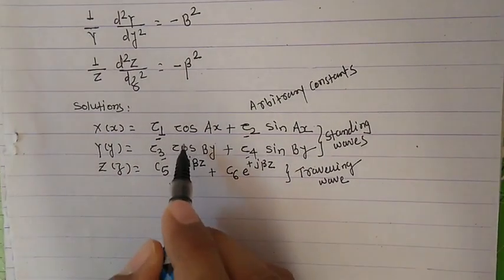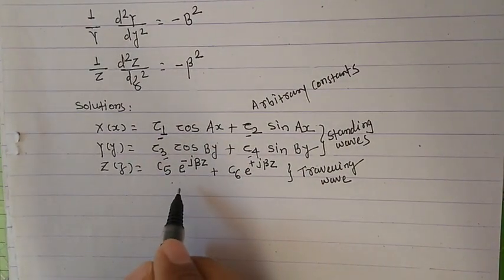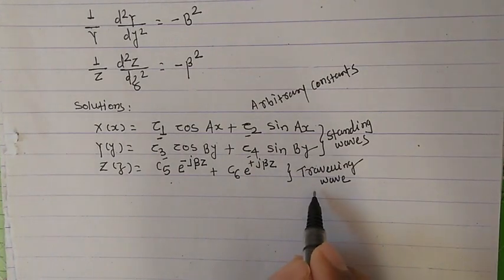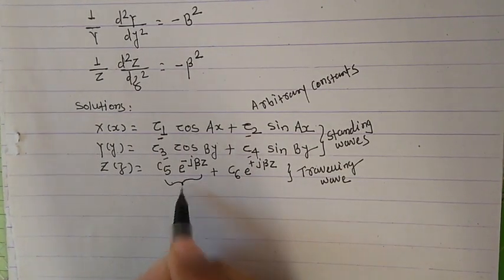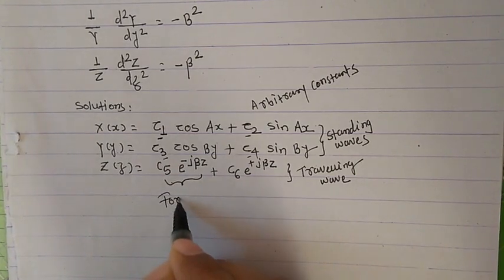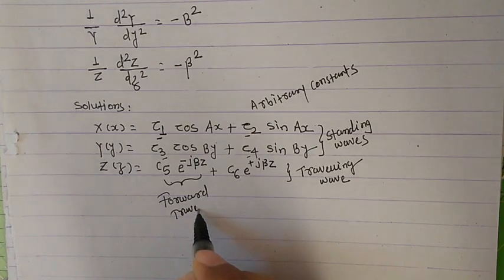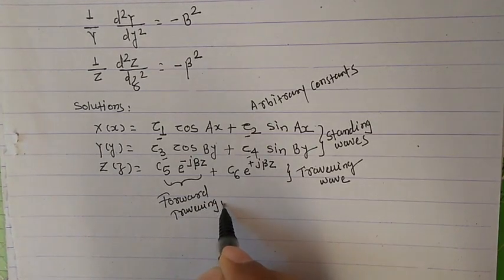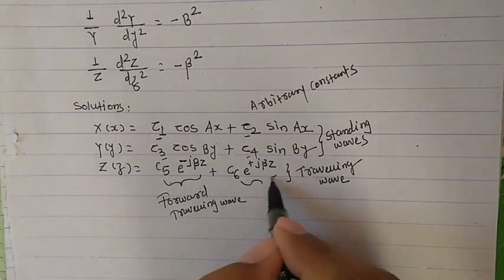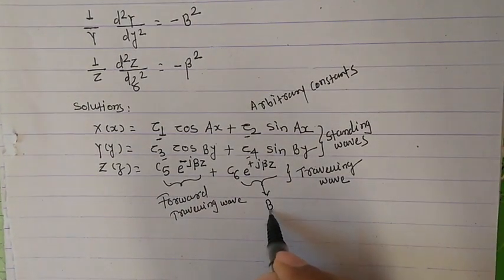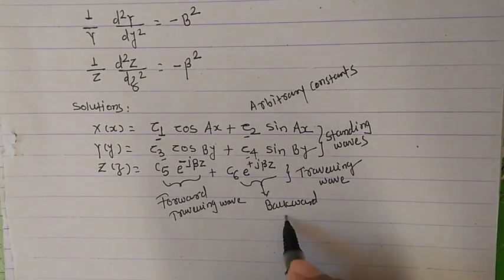Now for this traveling wave, this term is a forward traveling wave, because the minus sign indicates the forward traveling wave, and this is a backward traveling wave.